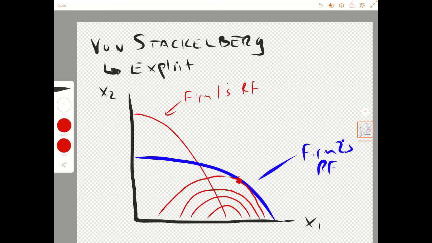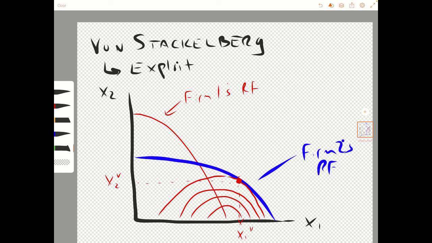So at this point, firm 1 produces this amount. We'll call it X1V, for Von Stackelberg. And then firm 2, expecting that will be firm 1's permanent output, produces this amount.